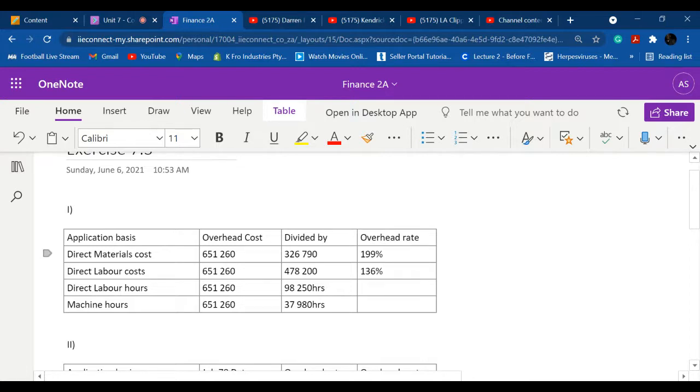In the next one, we're going to say rand per hour, and this is per labor hour. So what do we get over there? We get about 7 upwards, something like that.